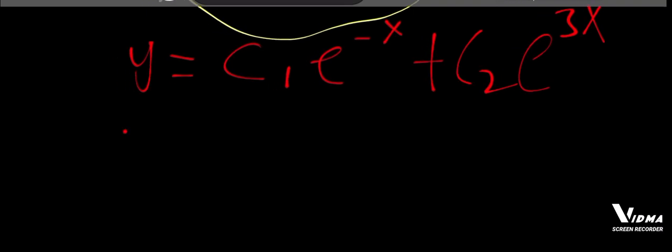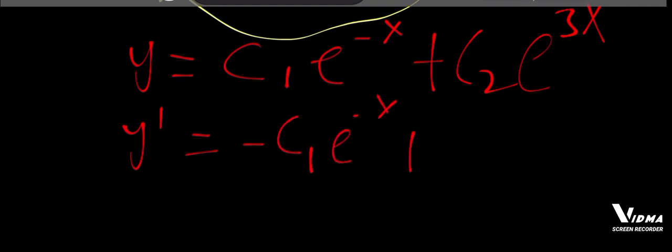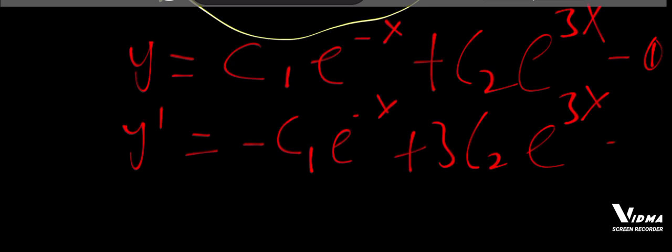And when we differentiate, we're going to get negative c1e^(-x) plus 3c2e^(3x). And when we substitute the values or the initial conditions into these two equations, we're going to end up with a simultaneous equation.